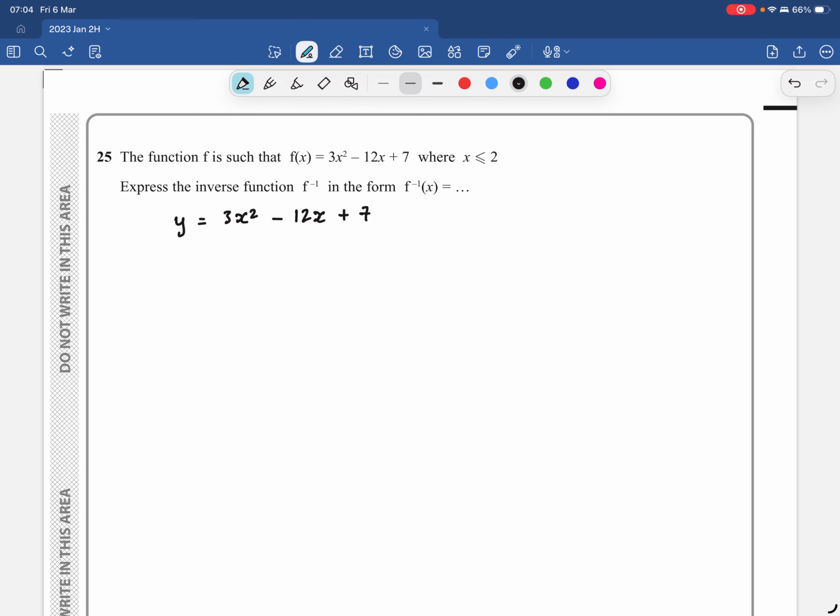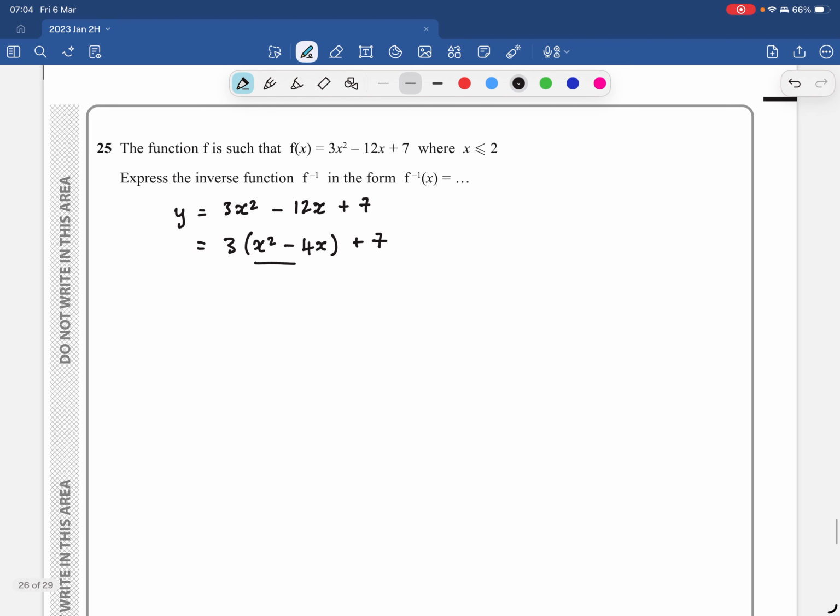The first thing I need to do is factor out this 3 from the first part of the expression. So that gives me 3 times x squared minus 4x plus 7.